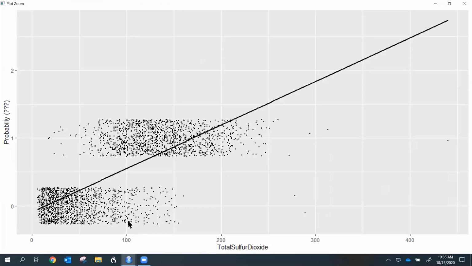Then I go up to the regression line, go to the left, and I get a value bigger than 0.5. And I predict this wine to be a white wine because the probability is higher than 0.5. White wine is our positive class. That's the one we predict for. So I would say it's a white wine.